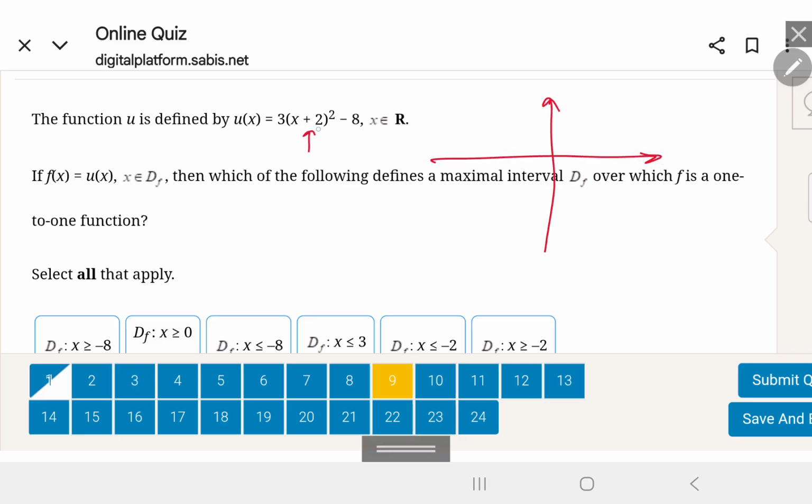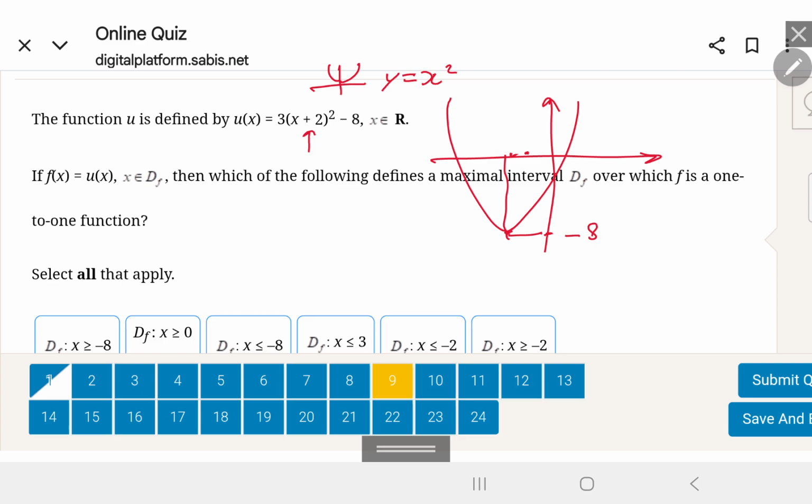Because of this plus 2, you take the parent function, the parabola y equals x squared, and move it 2 units to the left, and then 8 units down, so here you have negative 8. Now you sketch it like this. So that's the graph of the function.